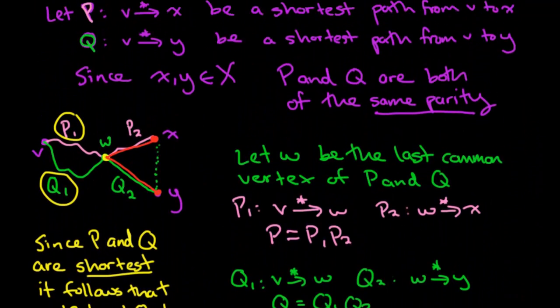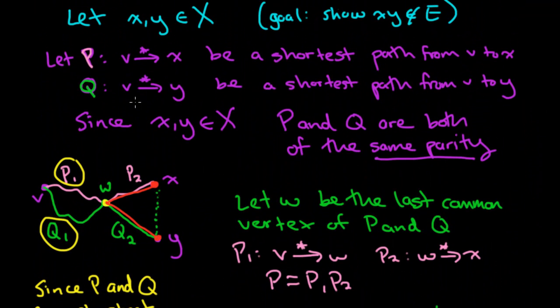The only difference was that up here, when you take the paths P and Q to be shortest paths from v to x and from v to y, those paths P and Q will both have odd length, but that doesn't matter. What you're using is the fact that they have the same parity. So literally the exact same proof will work if x and y both belong to the set Y.